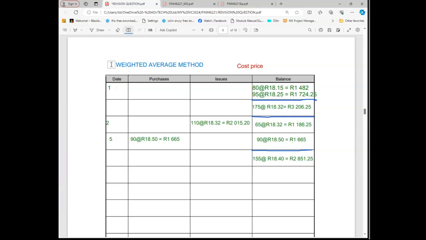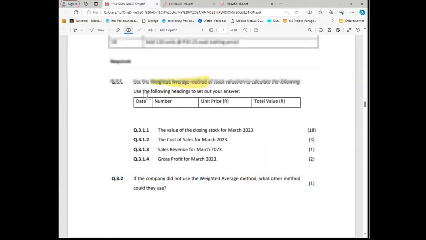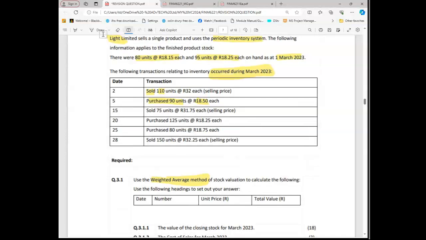Okay, so we can continue. We go to the 15th. What happened on the 15th? On the 15th, we sold 75 units and we don't use the selling price that's given to us. We use the 18 rand 40. Okay, that's no problem.